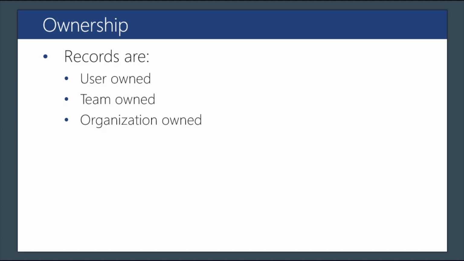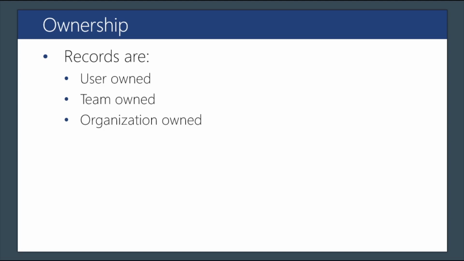Or I can say that security role grants access to records of that type at the business unit level. That would cover any records that the user owns or any records that are owned by another user or team that is a member of that user's same business unit. You can also set that at the parent-child level or the organization level for a given security role.